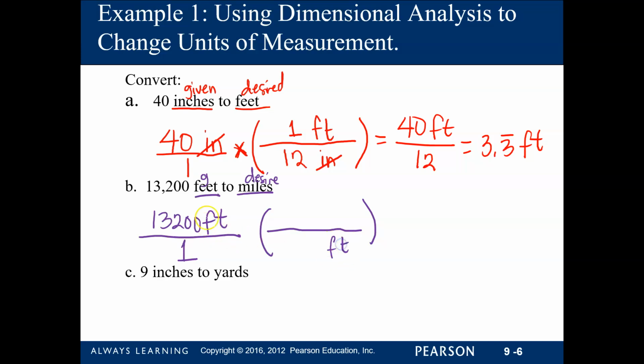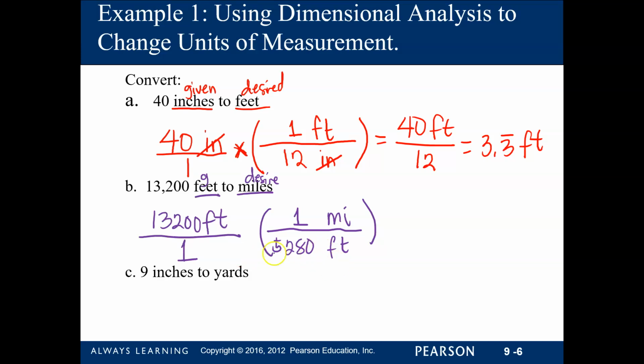And what we need is to change to miles. Now, going back to the table of conversion, there are 5,280 feet for every 1 mile. So you write the corresponding values, the relationship between miles and feet.